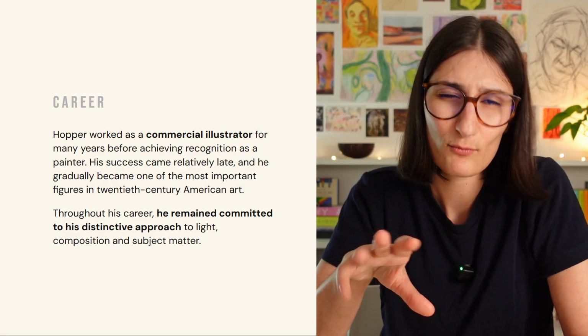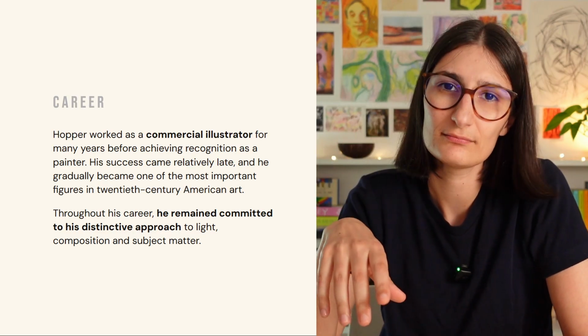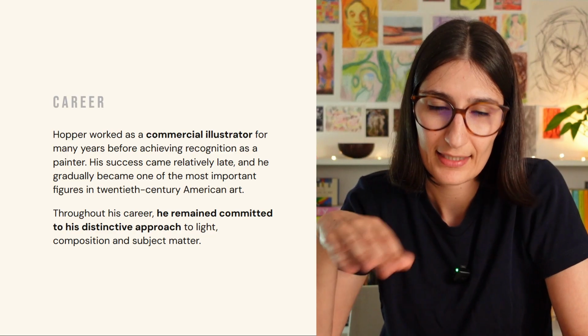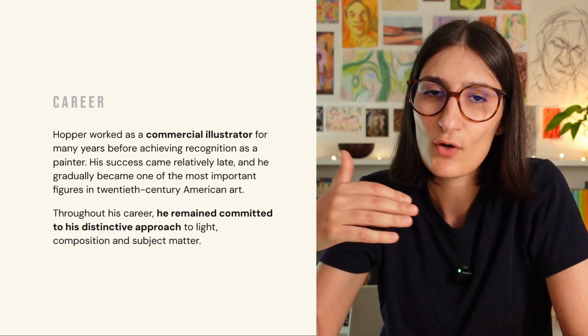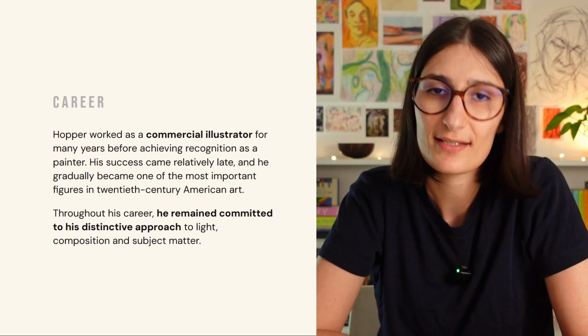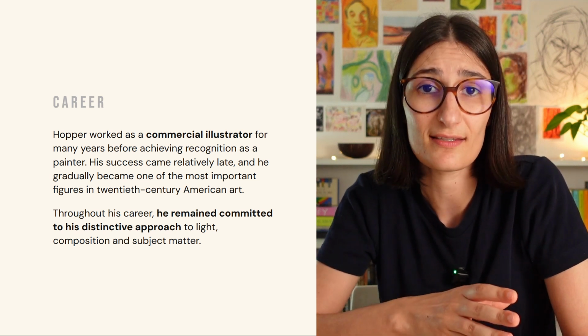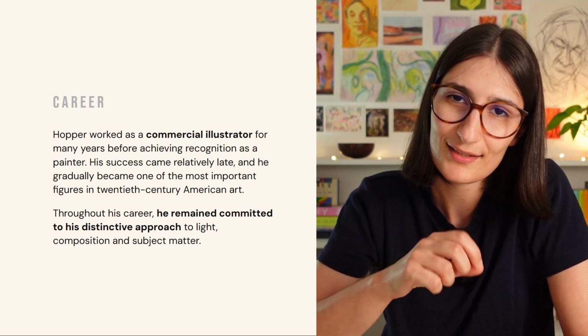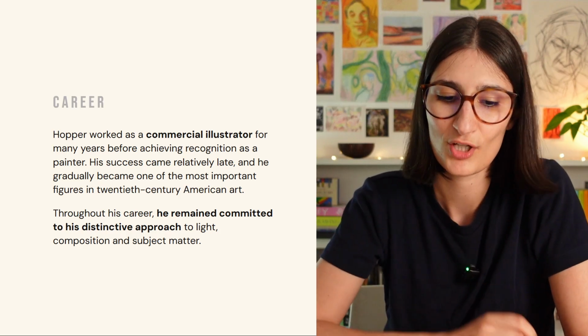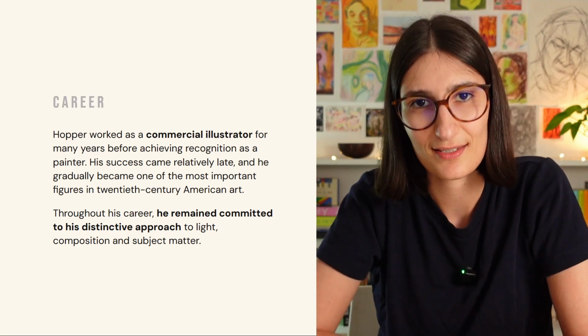His success came relatively late, around his 40s, and he gradually became one of the most important figures in 20th century American art. Throughout his career, he remained committed to his distinctive approach to light, composition, and subject matter.